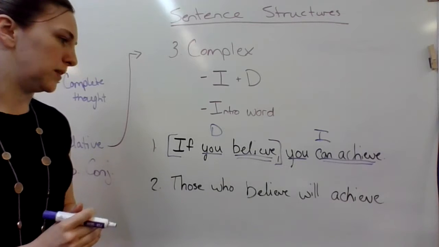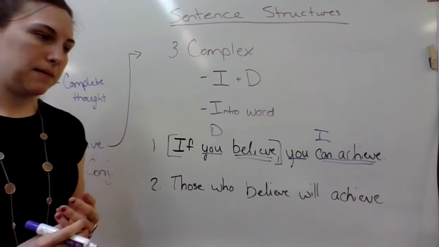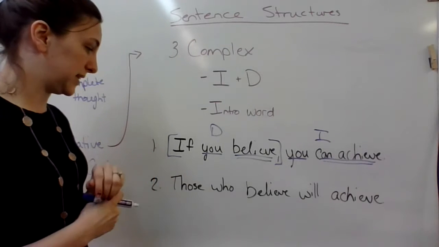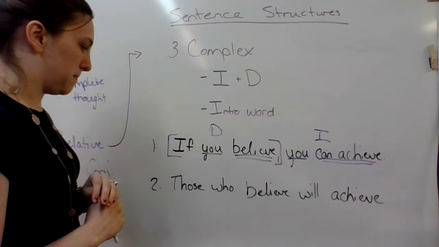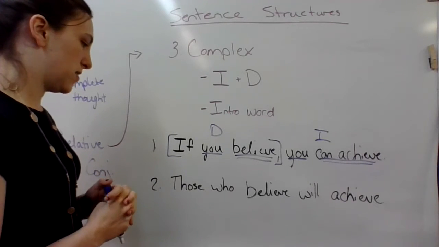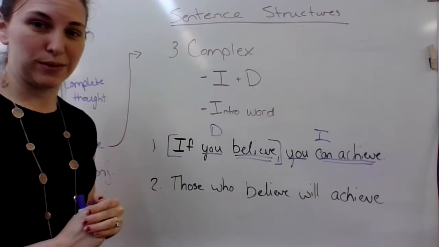Sentence 2 is a little bit different. I want to show you this one because it doesn't have commas, but it does have a very clear introductory word. This is actually a relative pronoun. Try to look in the sentence and see if you can find the introductory word. Those who believe will achieve. Again, almost the same sentence as the first one, just rearranged.